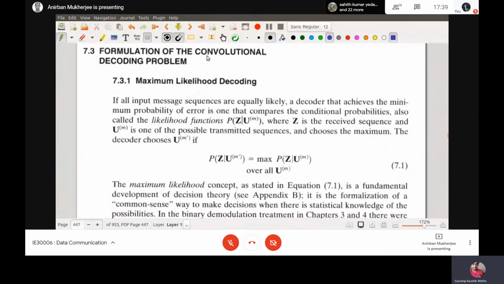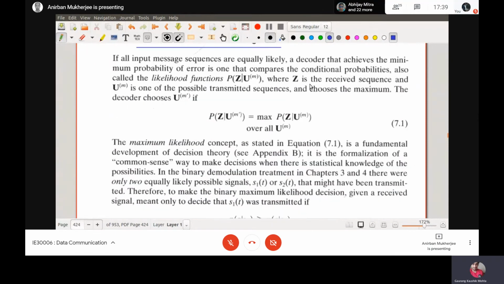This is the formulation of convolutional decoding. One is maximum likelihood decoding: the probability of z given u, over all u, whichever gives the maximum probability of z. This is called maximum likelihood.